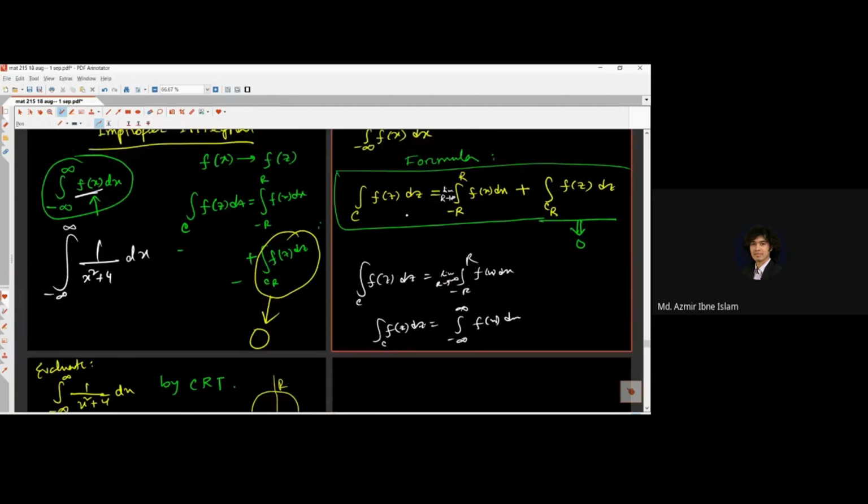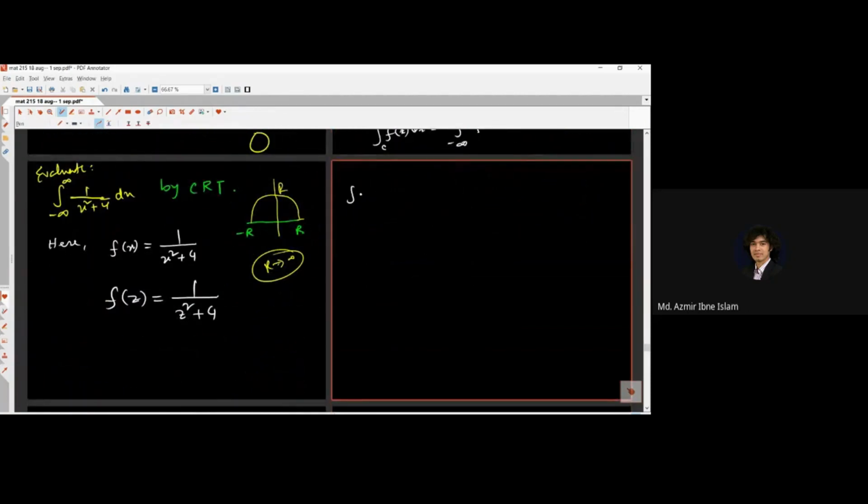The formula says that the contour integral of f of z dz is actually negative infinity to positive infinity, or we can write it this way: limit r tends to infinity, negative r to positive r, f of x dx plus a small contour, we are mentioning CR, f of z dz. This is the formula. So with Cauchy's residue theorem, this is an extension. Is that okay? Yes, sir. Okay. So let's write this.